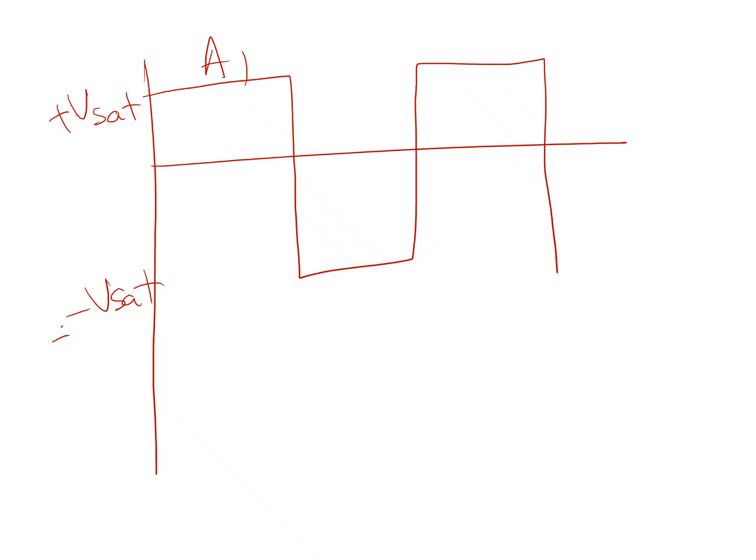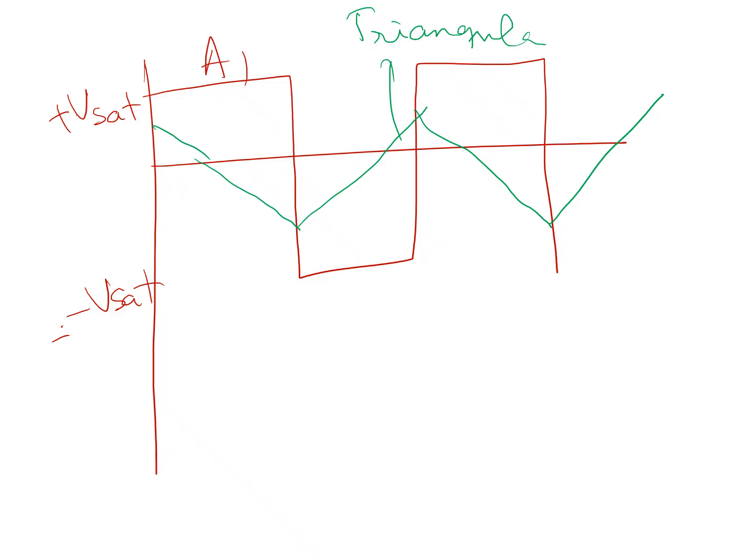It will start to discharge and then charging and discharging. Thus, a triangular waveform is obtained at the output of amplifier 2.